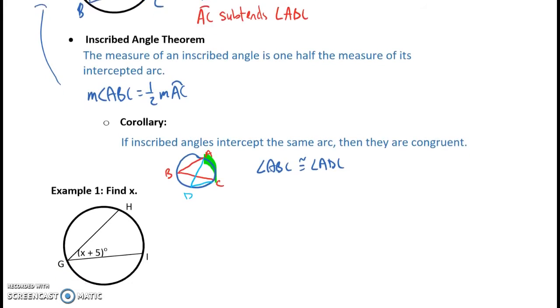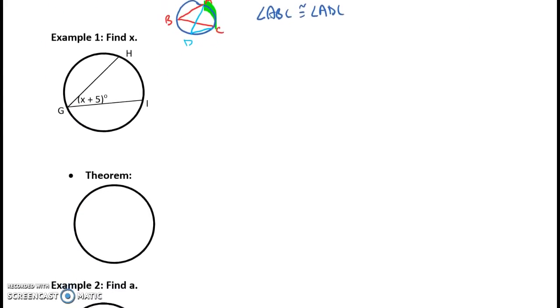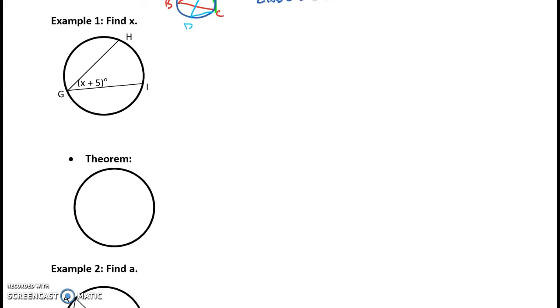But let's go ahead and use that theorem to talk about example 1. So I want to go ahead and find the measure of x, and you know what I realized? I totally forgot to give you the other value. So this arc HI is 4x minus 6 degrees. So let's pretend that I wrote that down already. All right. So if we have angle HGI is x plus 5 and arc HI is 4x minus 6, what's that relationship?